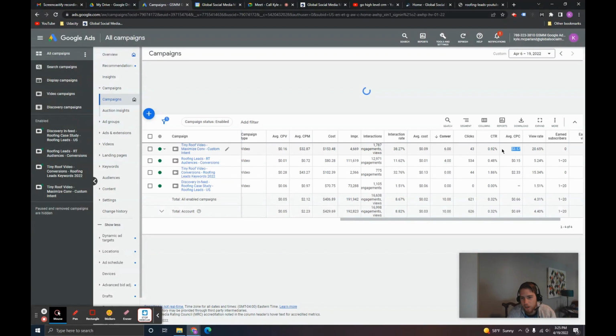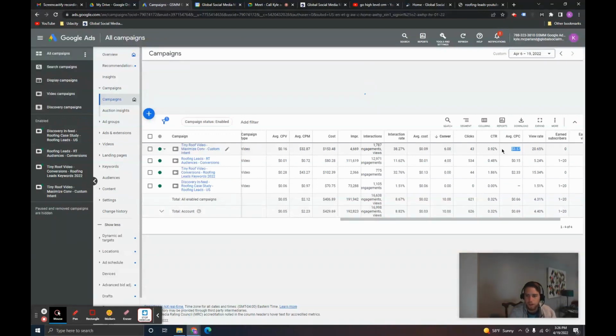It may mean the video creative is not engaging enough, or not relevant enough to the audience, because it costs a lot more to get one person to click on the ad. If it's really expensive to get people to click the ad in the first place, it's probably going to be even more expensive to get them to convert later on. So that's looking at how much clicks cost.